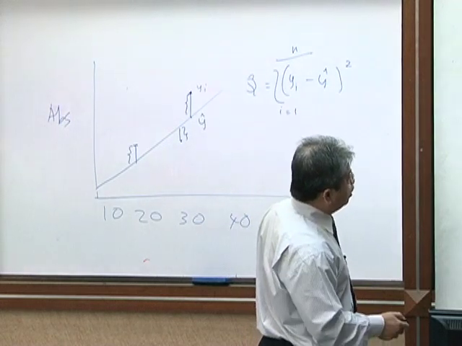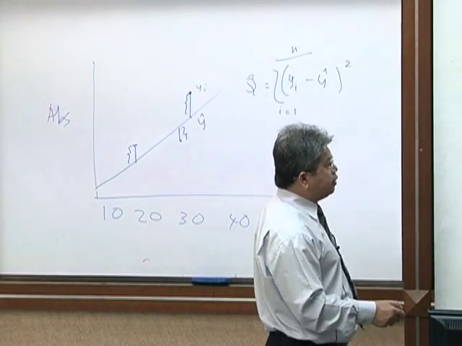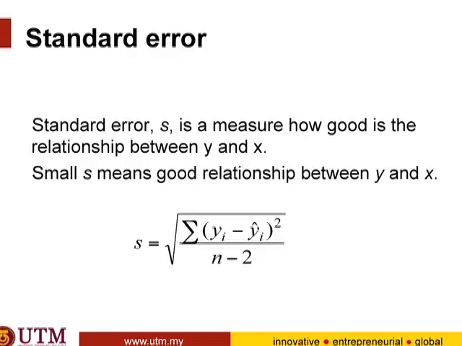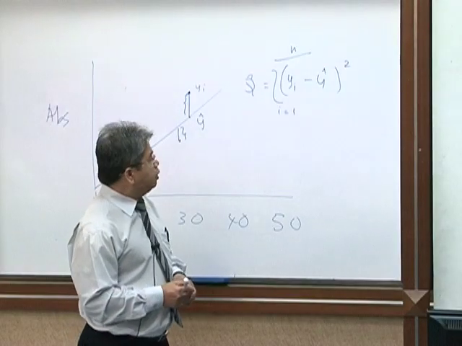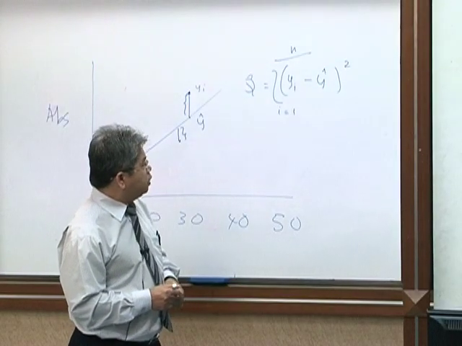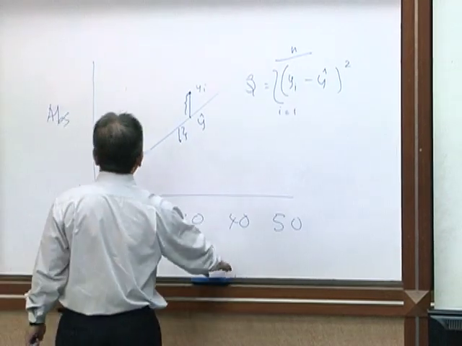The equation used to calculate S is this one: S equals the square root of the sum of (y minus y hat) squared divided by n minus 2.